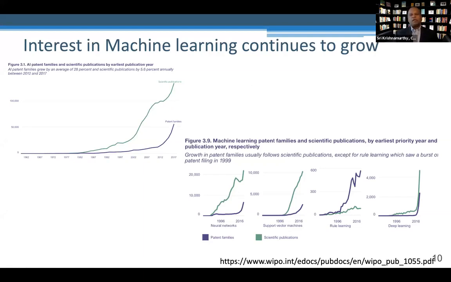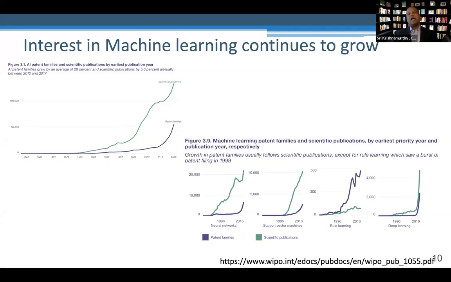The thing about publications and scientific innovations is that when the industry starts realizing that there is business value, you're going to start adopting that within your companies. And then you're going to innovate from a business process perspective, and then you're going to start filing patents. And we've seen a significant uptick in the filing of patents in various AI and machine learning technologies.